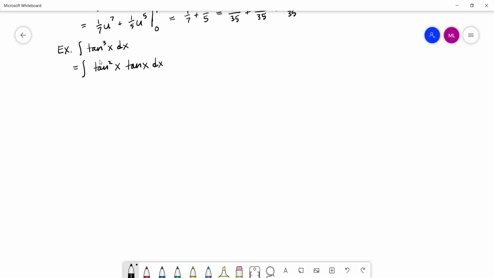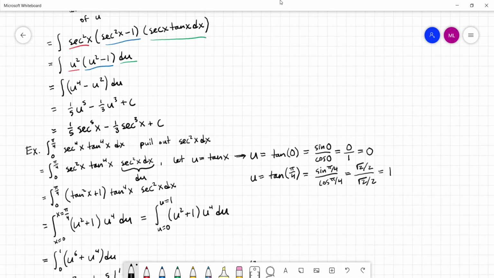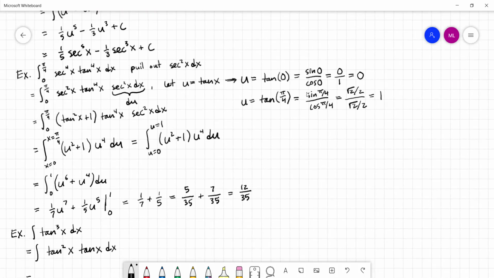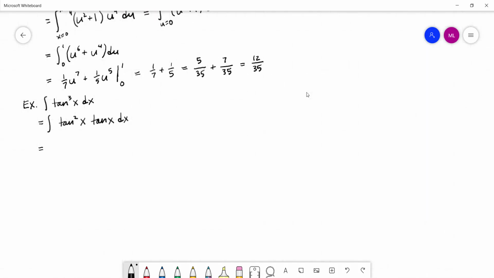I'm going to use the Pythagorean identity on this to rewrite it in terms of secant. And so again, just to remind ourselves, what does that identity look like? It looks like this. Tangent squared of x plus 1 equals secant squared. So if I just wanted tangent squared, I would have to subtract 1 from both sides. So tangent squared is secant squared minus 1. So I'm going to rewrite this as secant squared of x minus 1 times tangent of x integrated with respect to x.